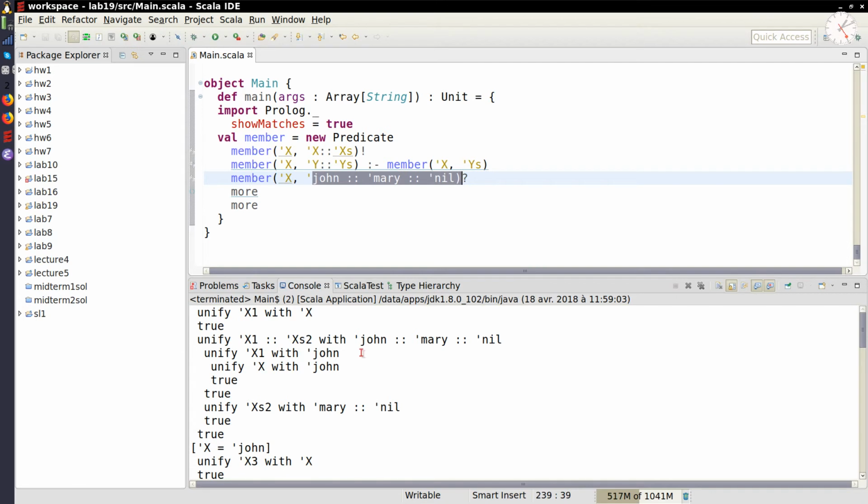Okay, now in doing this, you can see the recursive invocations by the indentation that I've put in. Now it wants to unify x1 with John, and you can see why, because now it's matching on the ::. So it wants to unify x1 with John, and it wants to unify x with John.